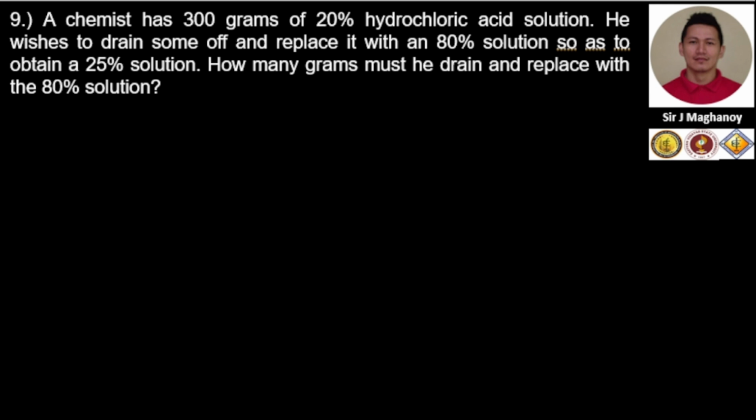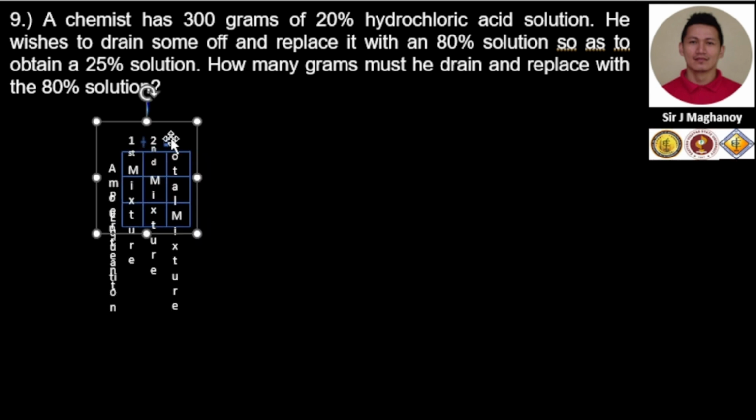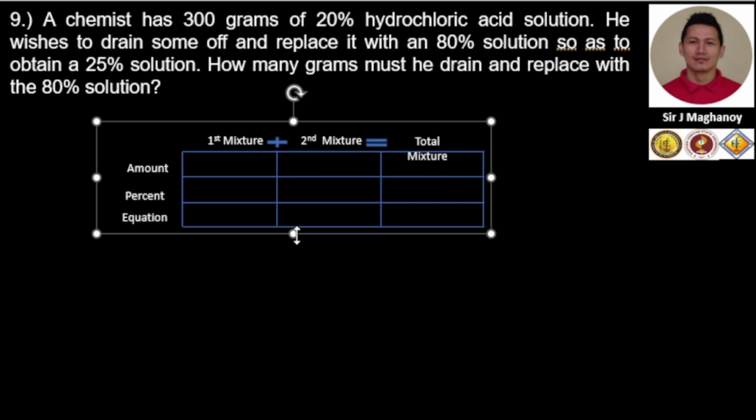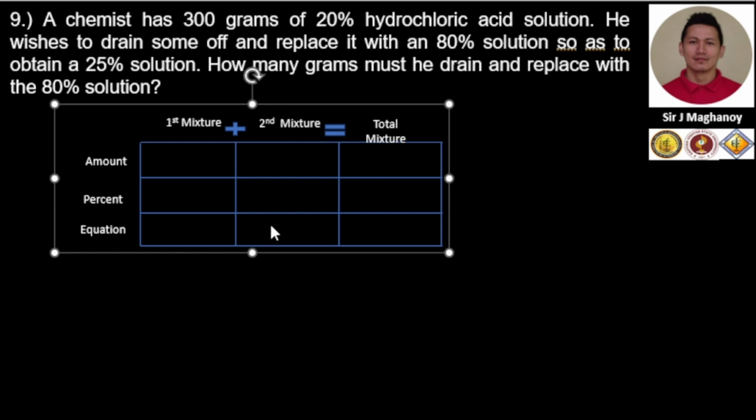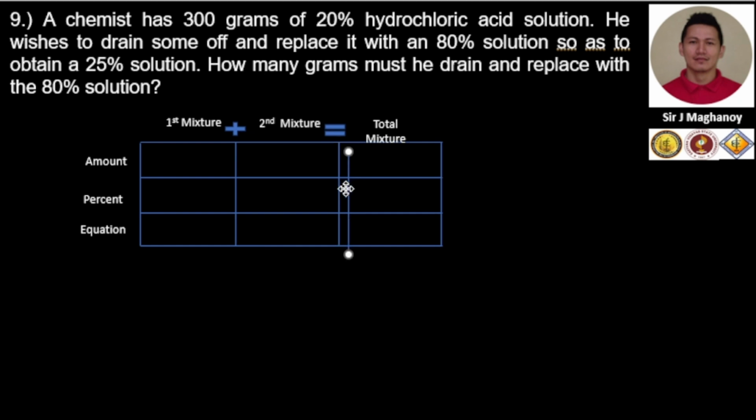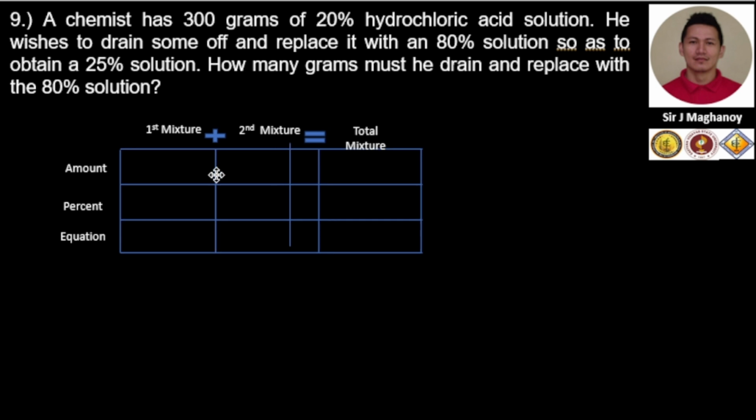Okay, so let's get our mixture table. Originally our mixture table only has two mixtures. Since we drain and we add, the mixtures here will become 3.